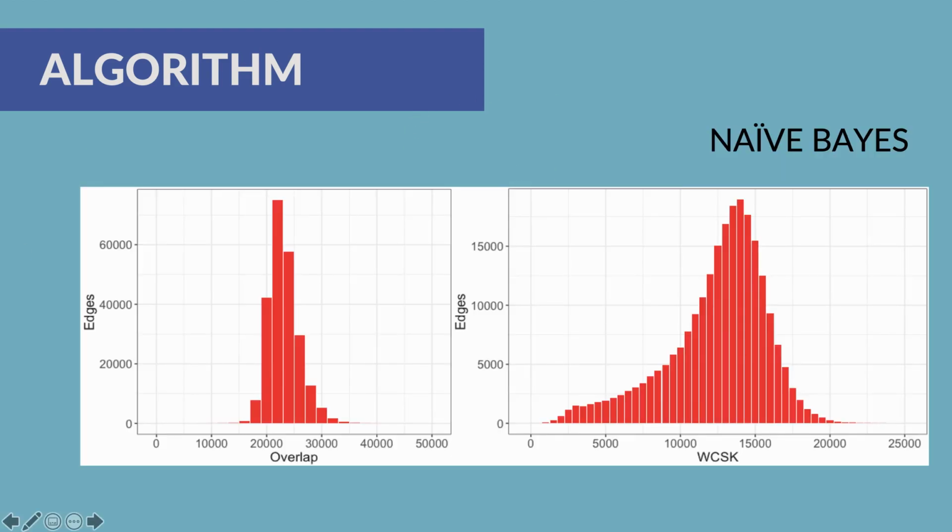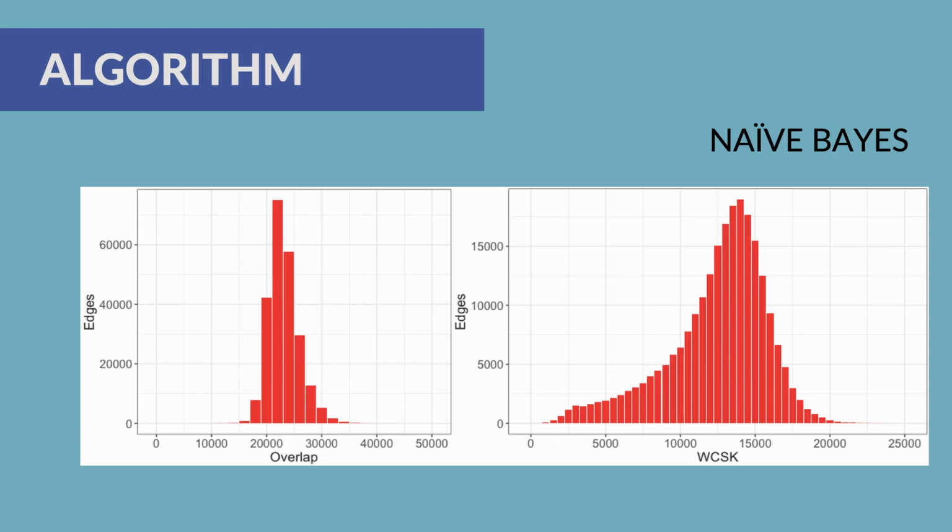Then, to build the layout path, we implement a machine learning algorithm. In this case, we are using a naive Bayesian method, where selecting path edges is assumed as a binary classification problem. So the statistics previously calculated are used as features for our classification.